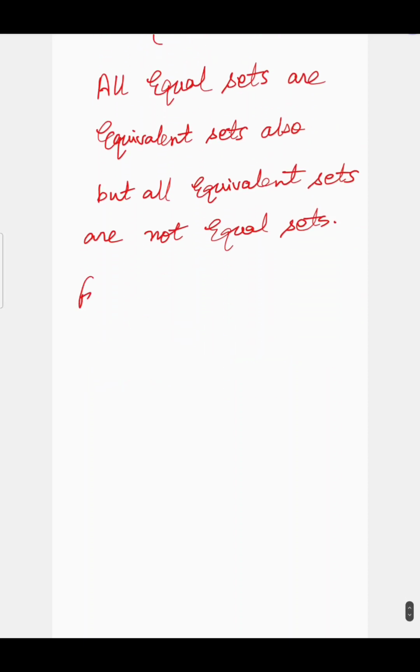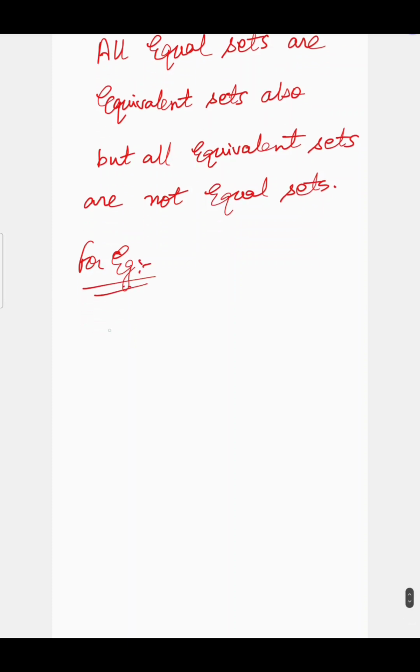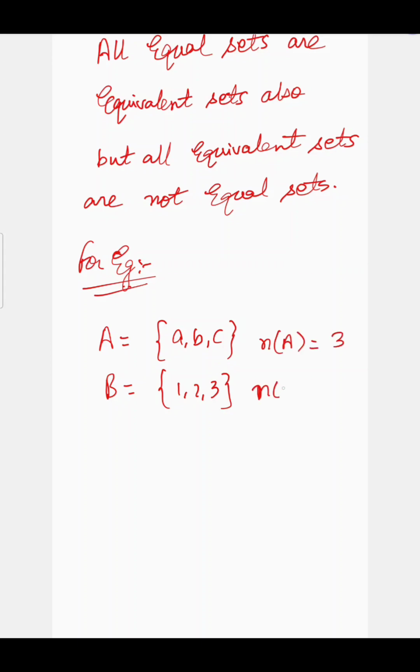For example, let's say A, B, C and B is 1, 2, 3. n of A is 3. What is n of B? 3.